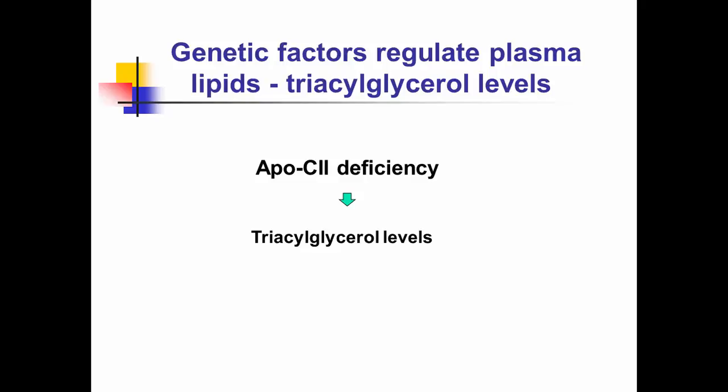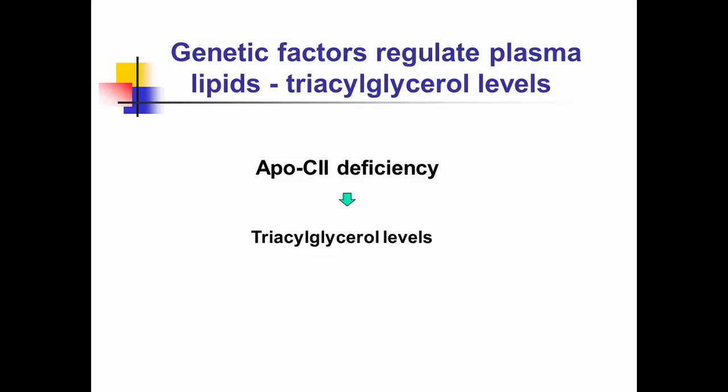Do LDL and HDL have ApoC2? No. So try to remember, ApoC2 is located on the two major lipoproteins, chylomicrons and VLDL. What ApoC2 does is help LPL hydrolyze the triglyceride in chylomicrons and VLDL.